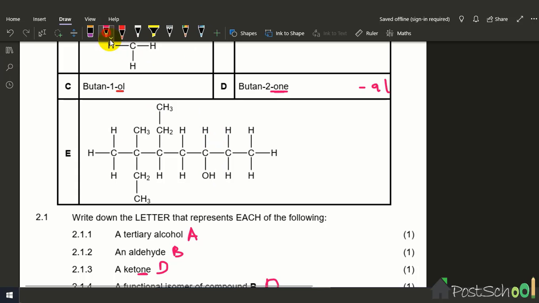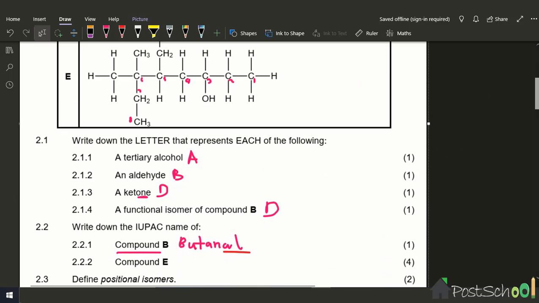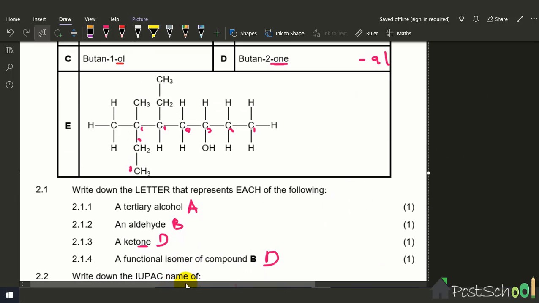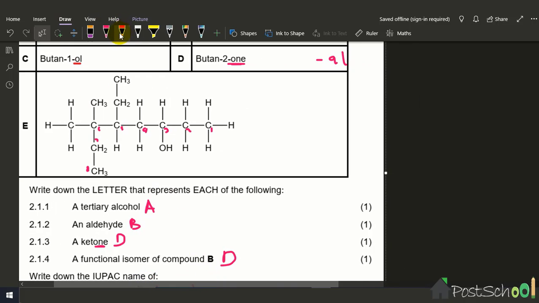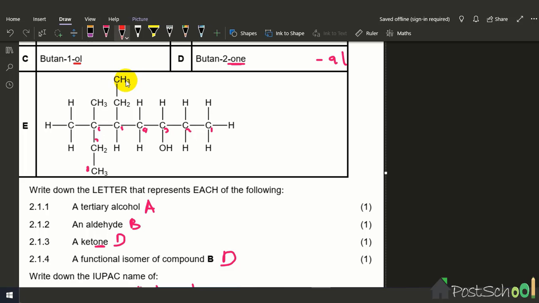So we will start on this side, so it will be 1 2 3 4 5 6 7 8. Once we are done numbering, check the substituents and where they are. Checking the substituents: on carbon number 5 here is a substituent, and on carbon number 6 here is another substituent. So the substituents, together with the functional group we started with, indicate which side to start from.